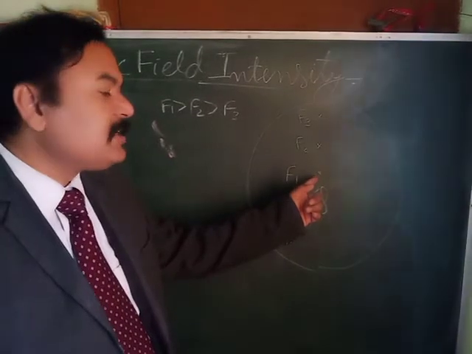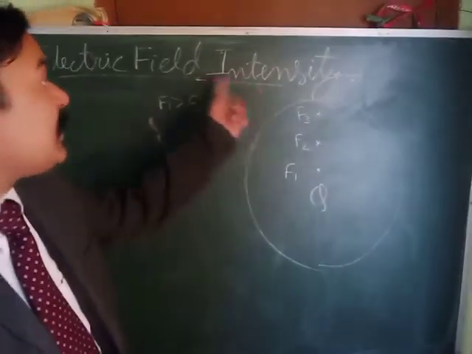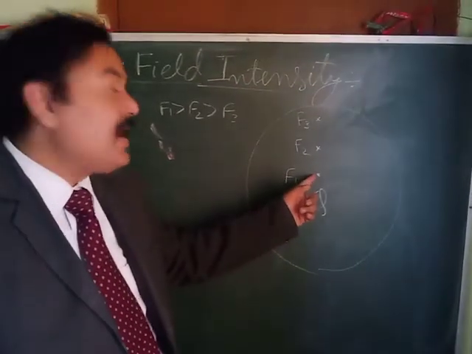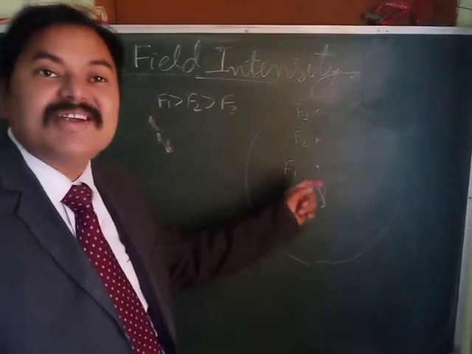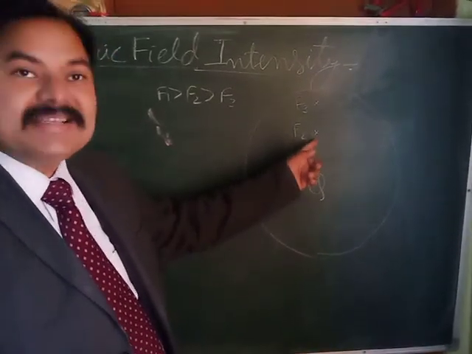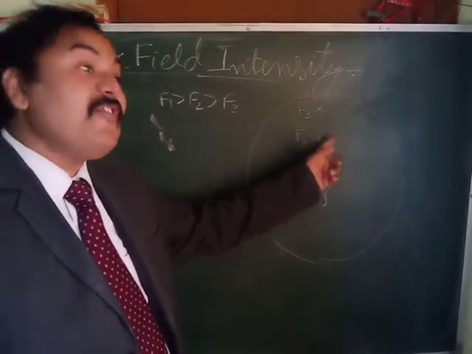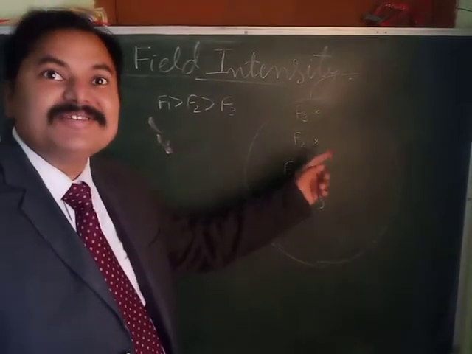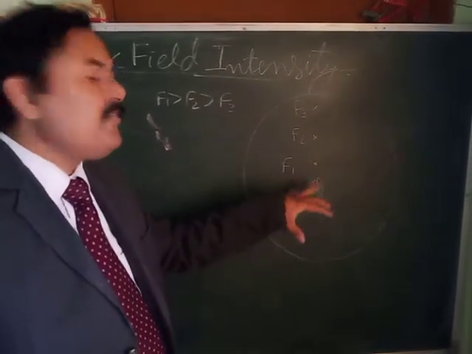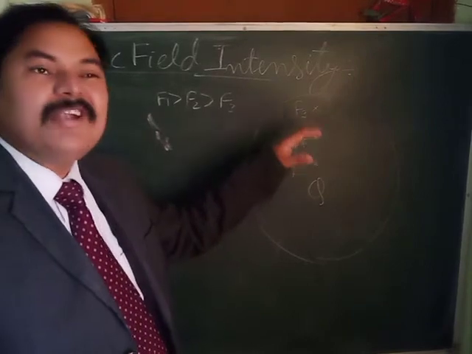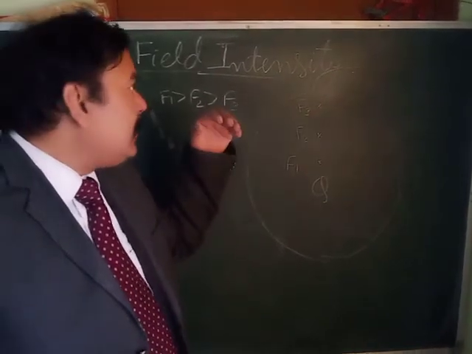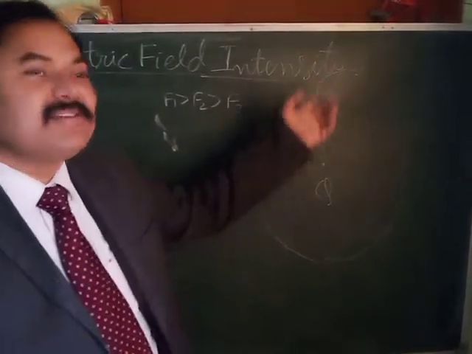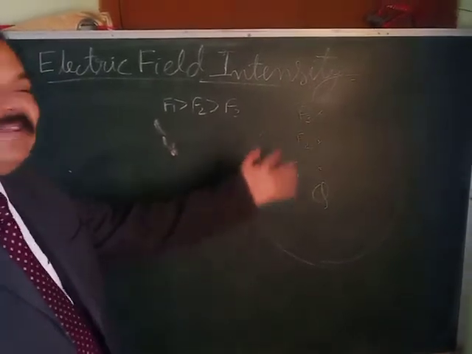Here it is experiencing more force because electric field intensity is more at the points nearer to this charge, and it is lesser at the points away from the source charge. So as we move away from the source charge, the electric field intensity becomes lesser and lesser. Okay, so it decreases.